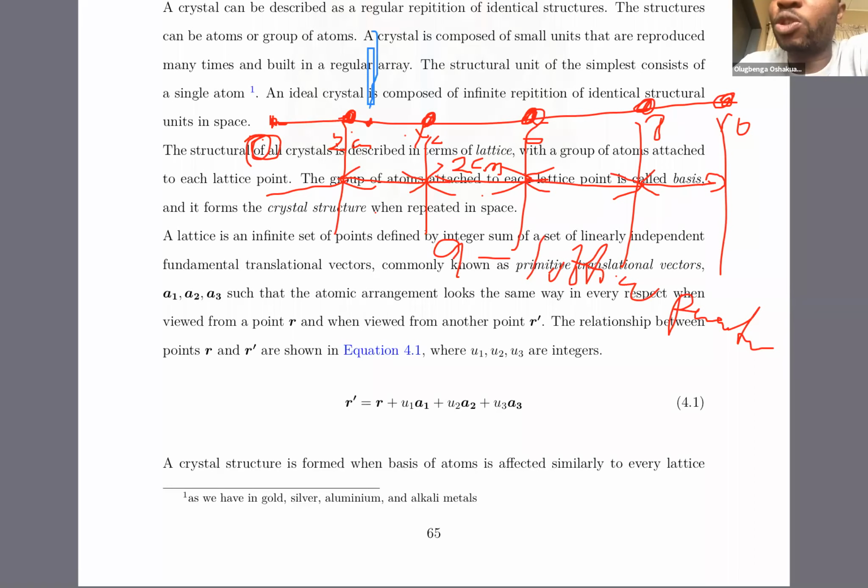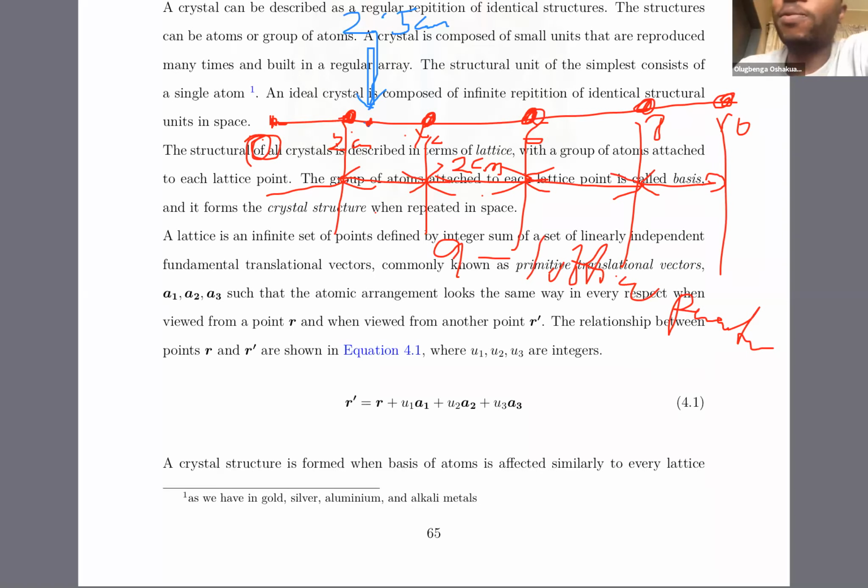Let's say an ant walks to this particular point, which is 2.5 centimeters, and looks around and observes what is surrounding it.